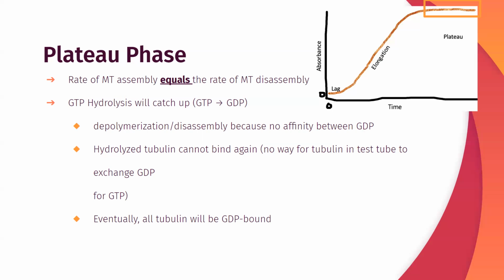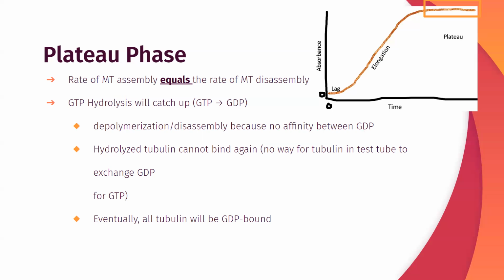As our microtubule grows, the sections that have been put on first will eventually start to hydrolyze their GTP to GDP. And if that catches up because we've stopped adding or our rate of addition is too slow, eventually we will only have GDP and we will completely depolymerize. It will be catastrophe because in a test tube, we can't replenish our GTP.